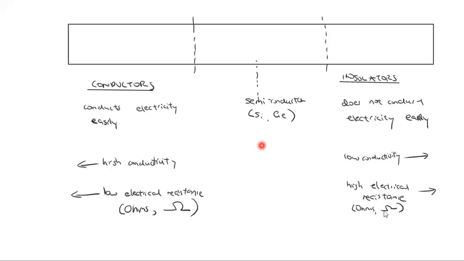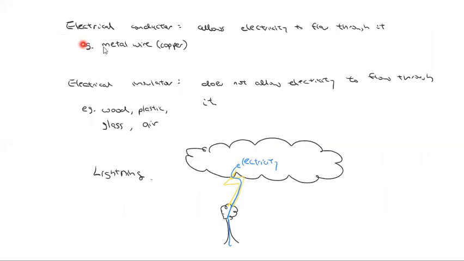So just reiterating, an electrical conductor is something that allows electricity to flow through it, which really means allows charge to flow through it. More properly, it means it allows it to flow through easily with low resistance. And an insulator will therefore provide a high resistance to a flow of charge.